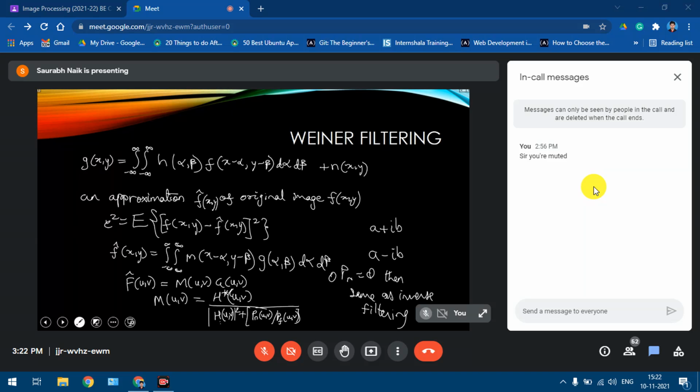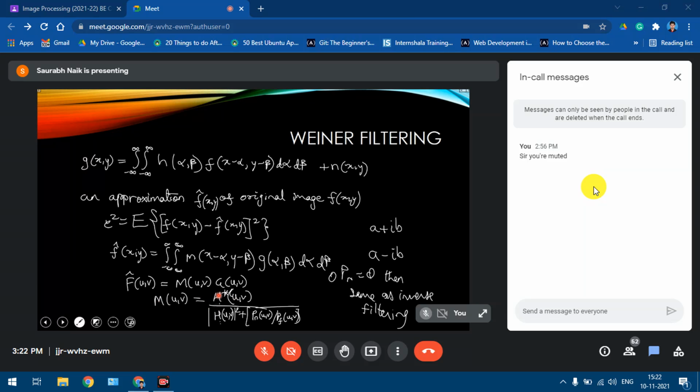Because it is a convolution, we shift it into the frequency domain and then we get this equation wherein instead of H, we have M, which is a slight modification of the original H function. So from this we get the approximation as M of u comma v into G of u comma v.